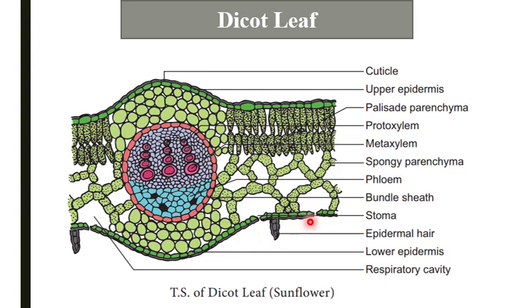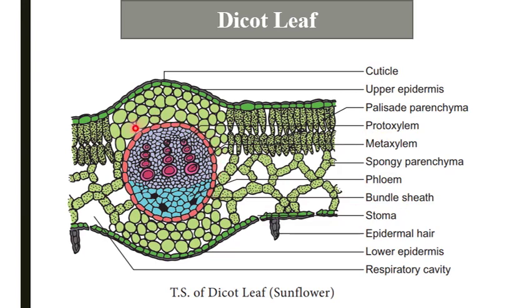Next, vascular bundles. Vascular bundles of the dicot leaf are surrounded by a compact layer of parenchyma cells. These are the vascular bundles of the dicot leaf, in which you can see the protoxylem, metaxylem, and in blue color phloem.